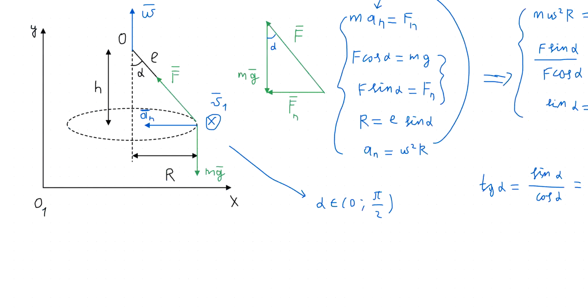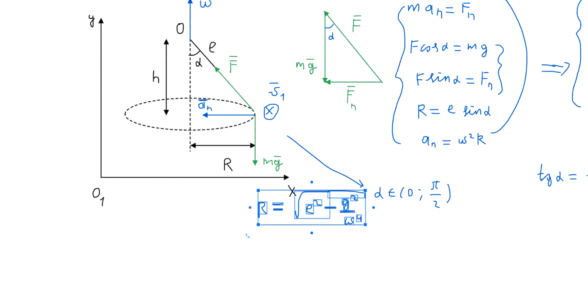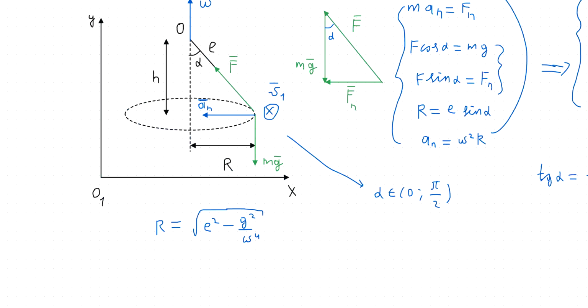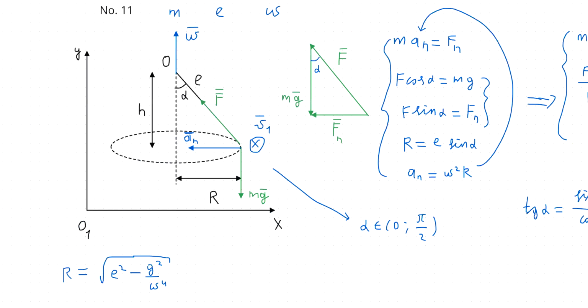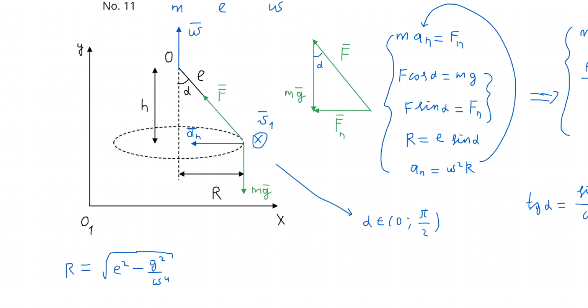Okay, so we have found that r is equal to this square root. Maybe we can find h from here. H must come from trigonometry.